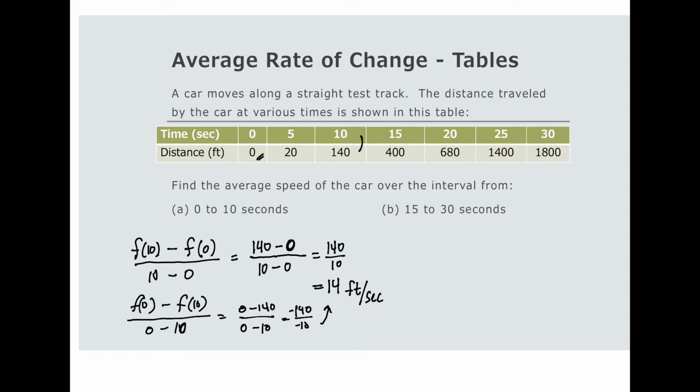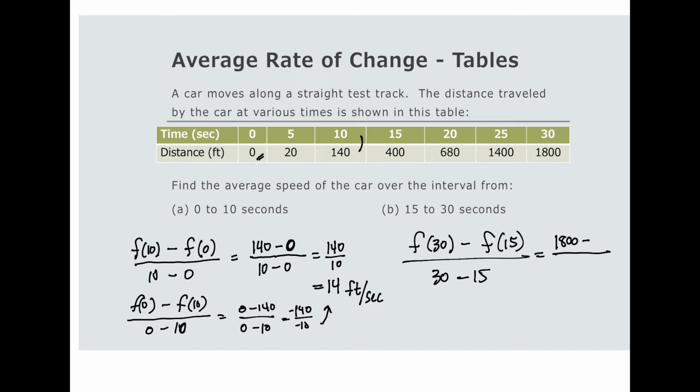So I'm going to just keep it with the definition here in terms of the order. So I'm going to put f of 30 minus f of 15. So the distance at 30 seconds minus the distance at 15 seconds. And then this will be 30 minus 15 on the bottom. So on the top, at 30 seconds, we're at 1,800 feet.